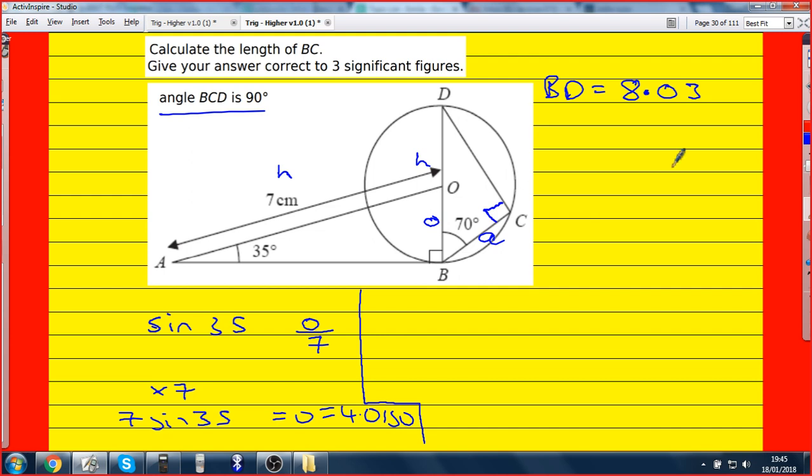No, no. You do cos 70. Equals... no, A over H. So the A we don't know, but the H is 8.03.